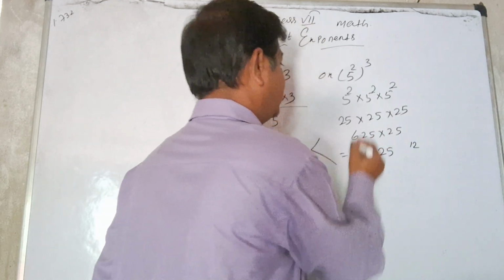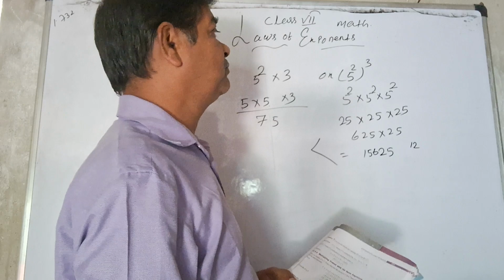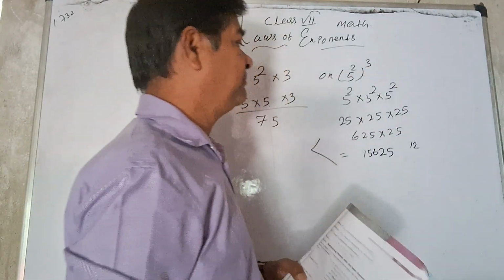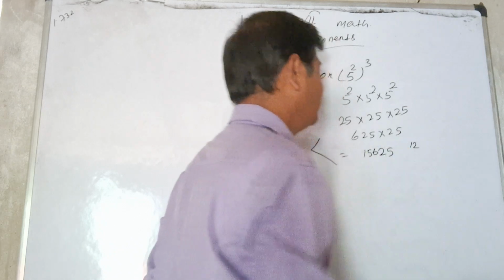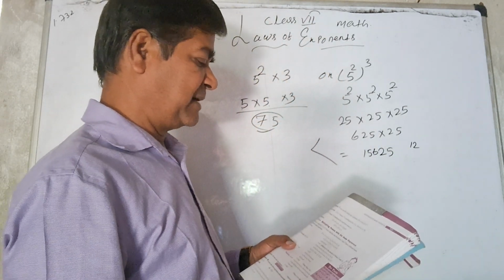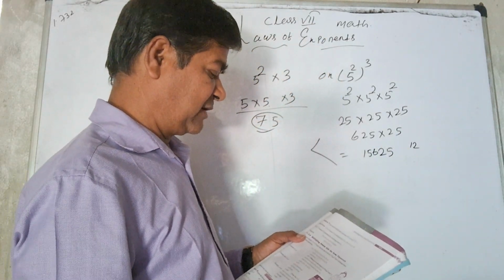Which is greater? 5 square whole to the power 3 is much greater, because the other is only 75. It is 15,625. That is the greater answer.